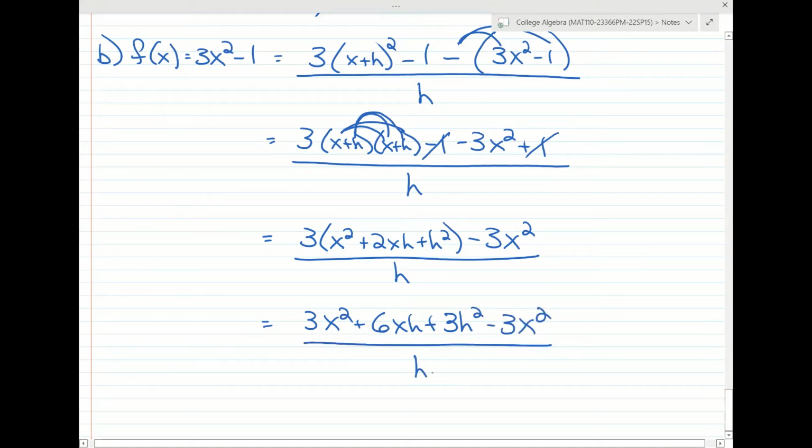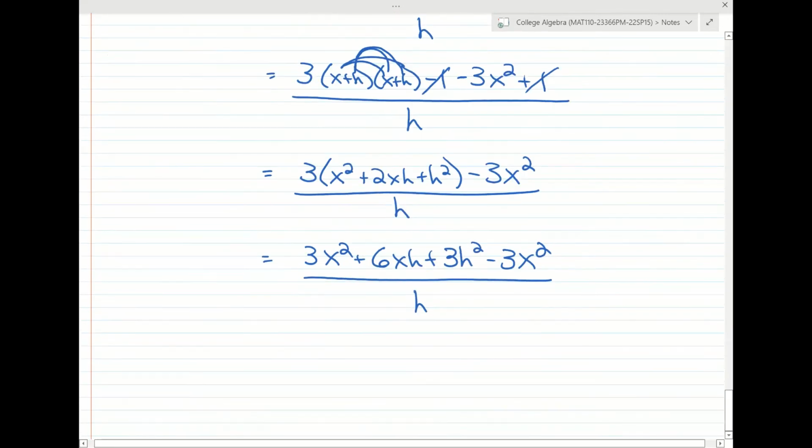Almost done. Then let's go ahead and simplify like terms. So the 3x squared minus 3x squared cancel. We're just left with 6xh plus 3h squared, all divided by h.